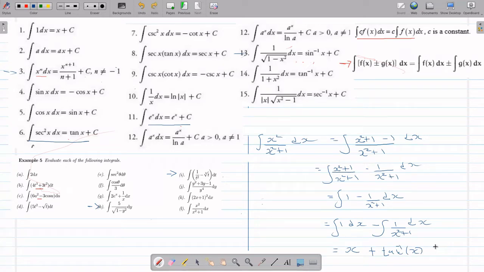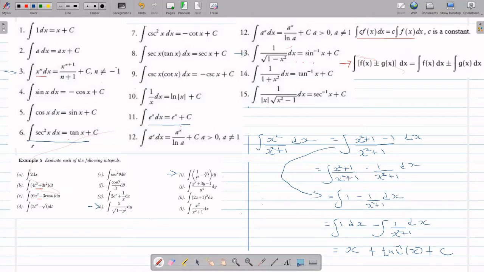So from here to here, we can use this trick or do a long division. If you do a long division here, still you will get this.